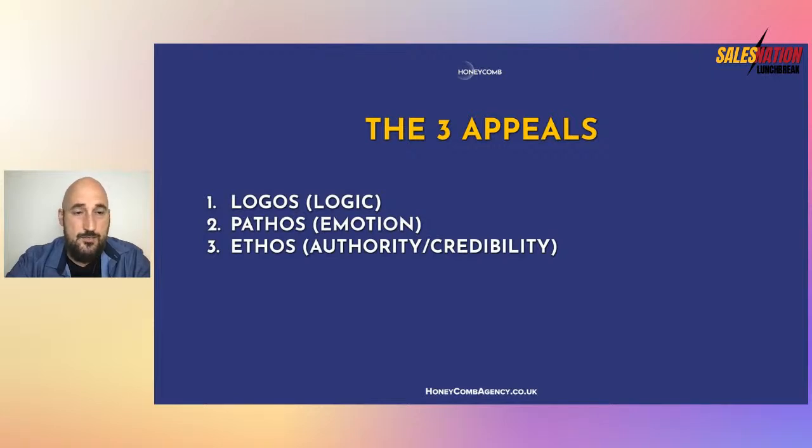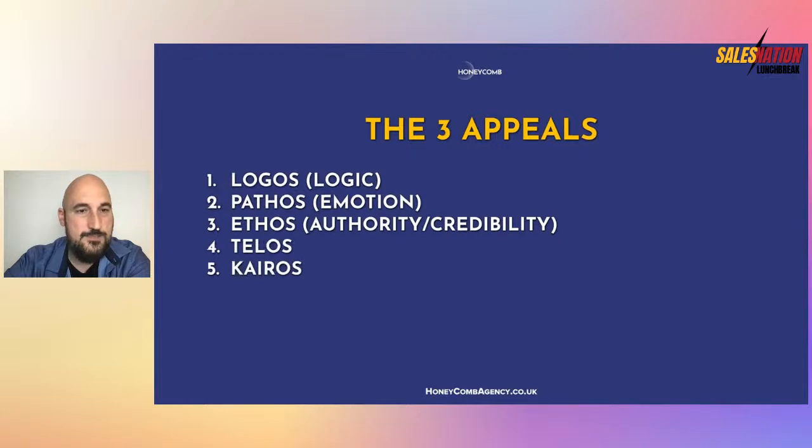Now, logos is the appeal to logic. Pathos, emotions, and ethos, authority or credibility, right? And if you have heard of it, you probably will be surprised to see that there are not only 3 appeals, but there are 5. So there are 2 more. Logos, pathos, ethos, and then we have telos and kairos.